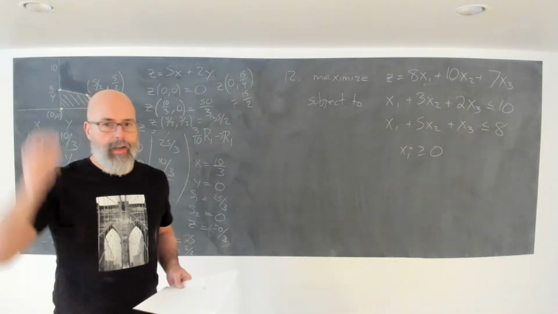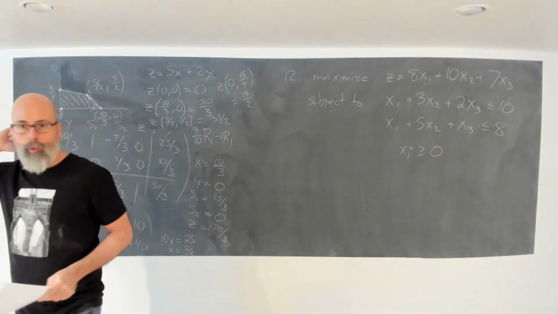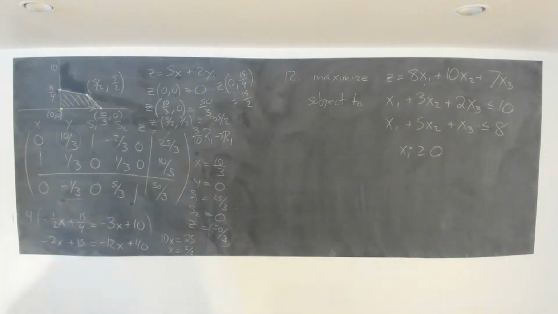Britton is asking if the slack variables are greater than 0, how would they be integrated into our solution?